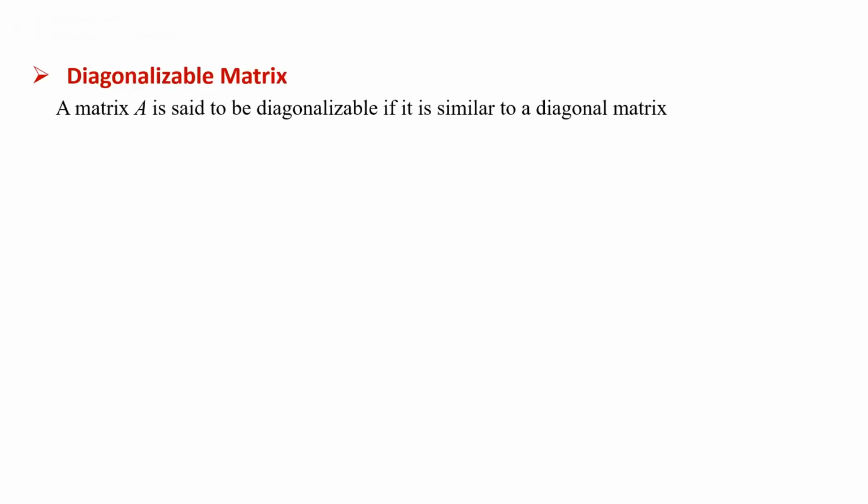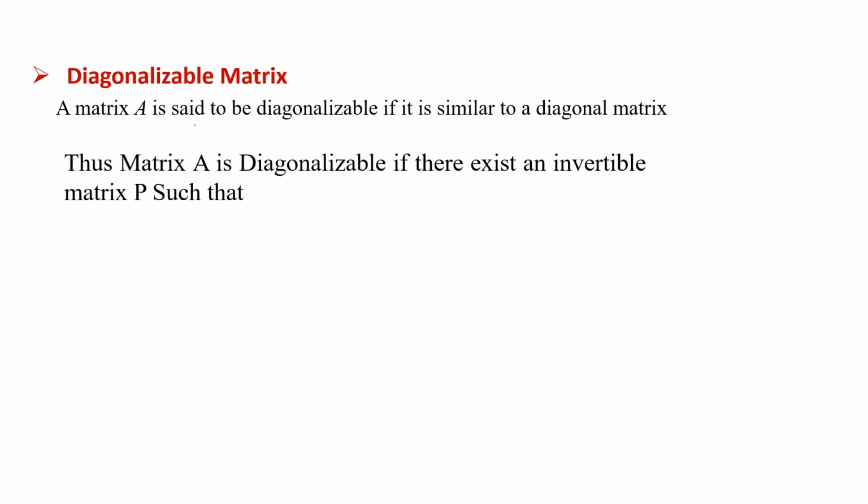Now, what is diagonalization of a matrix? A matrix A is said to be diagonalizable if it is similar to a diagonal matrix.